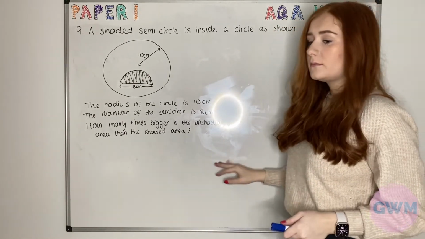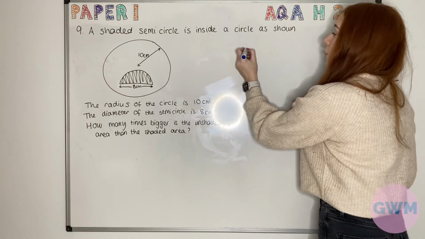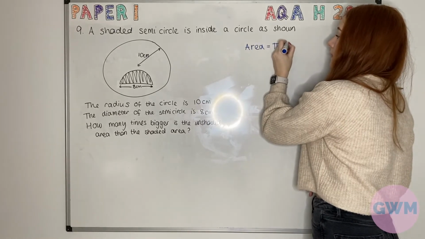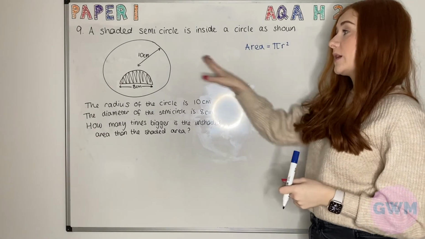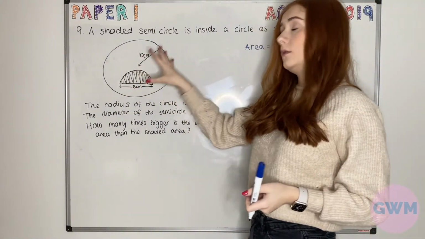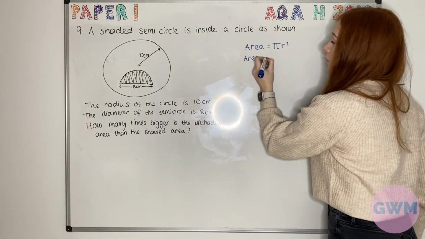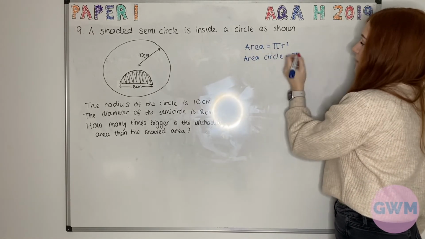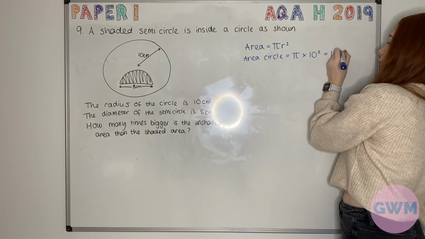Well, let's start by looking at the area of a circle. The equation for the area of the circle is something that you should memorise. Pi r squared, and remember that r stands for the radius, so we can work out straight away the area of the whole circle if it was all unshaded. So the area of the circle is pi times that radius squared, so 100 pi.